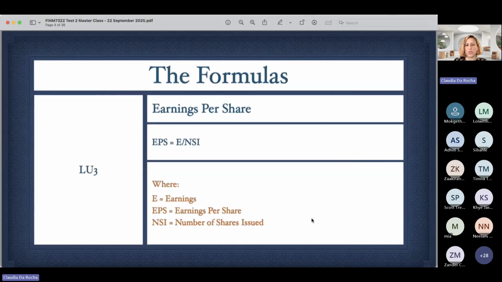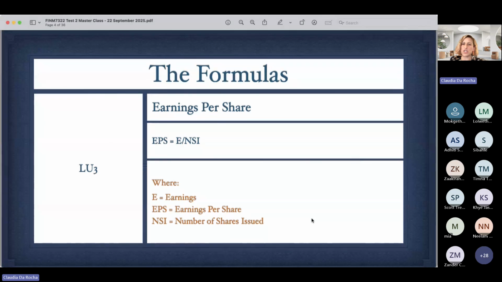Okay, so Learning Unit 3, formulas that you need to know are in essence a recap or revision of Financial Management 2A. You would have done these formulas then. Potentially the only difference is how they're written, because I've just abbreviated them so it's just easier to remember.